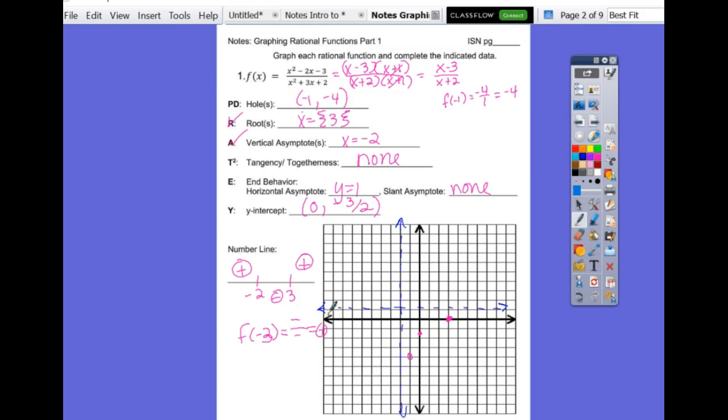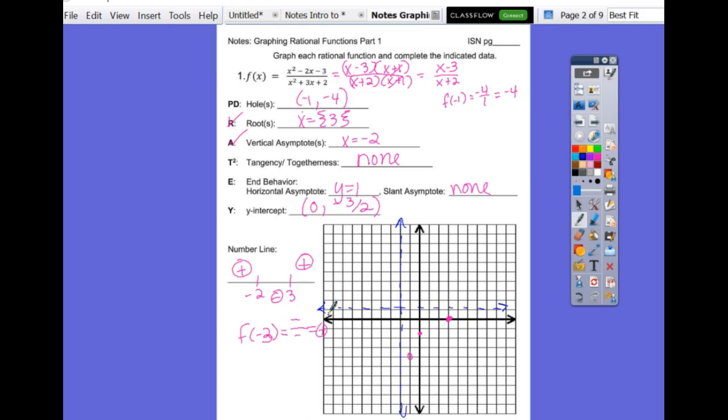Okay, so here's what everybody has. Can everybody get this far? We can all get this far. Okay, so let's think about it for just a minute. From -2 on, it's going to be what? Positive. So starting here, where does the graph have to be? It has to be up here, right?